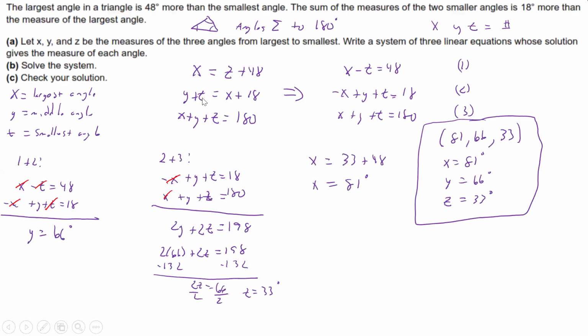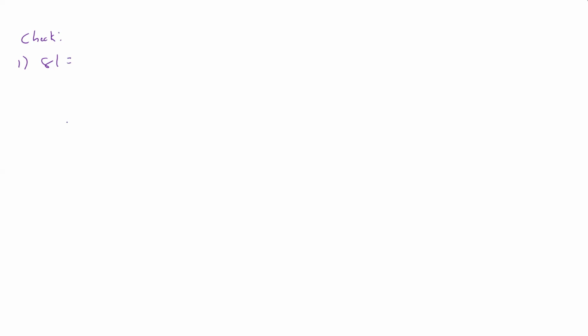So again, I'm going to have to use the next page to do my check. My check for one is going to be 81, because it's X equals, and I'm going to go back to these equations before I did any manipulation. That way, if I did anything wrong in the manipulation, it's not going to hide it. So 81 equals what? Well, that was 33 plus 48, so that's 81, so that one works.